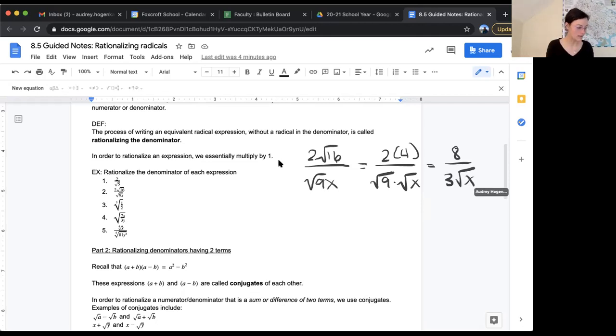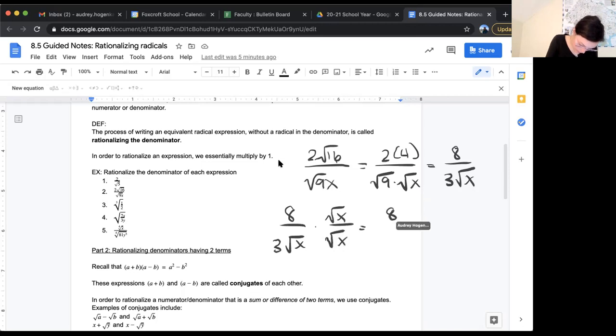So first thing we do is we want to simplify that expression. And then we want to go ahead and multiply by the square root of x. So we don't have to multiply by 3 square root of x. We just have to multiply by square root of x. So we'll have 8 over 3 square root of x times square root of x over square root of x.